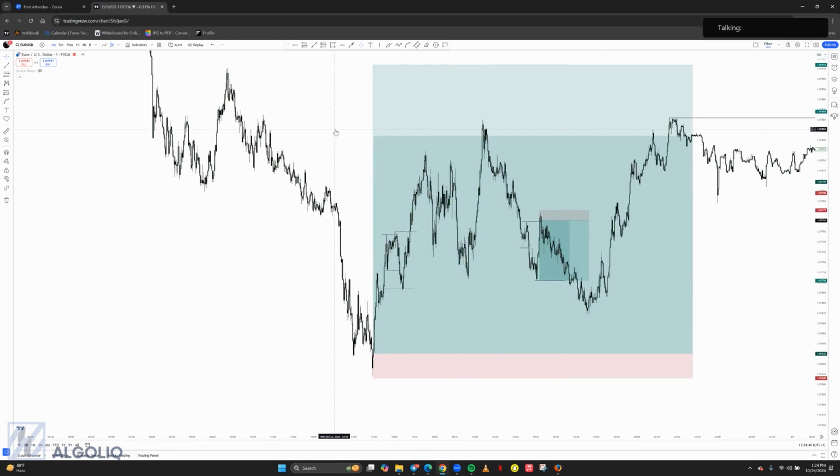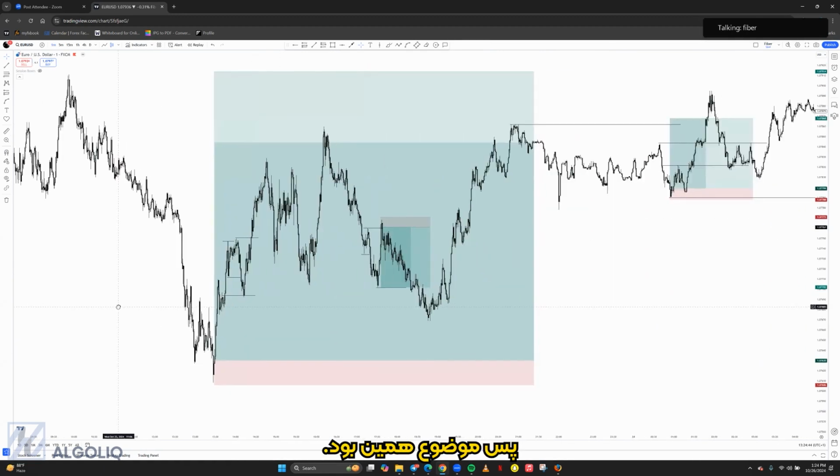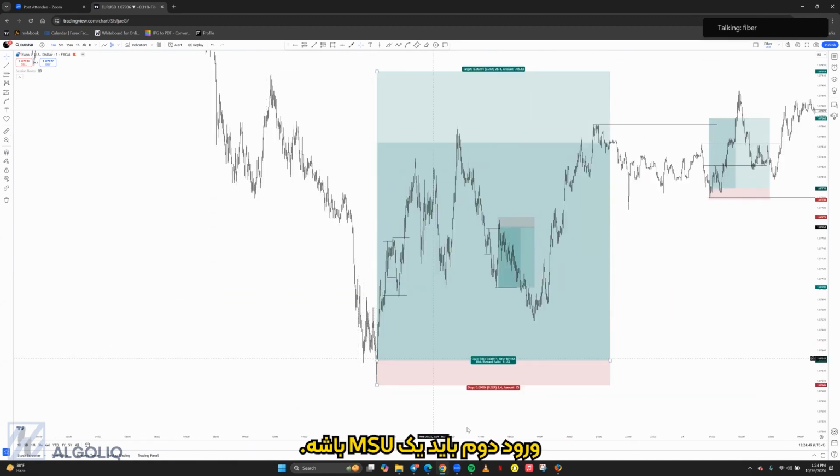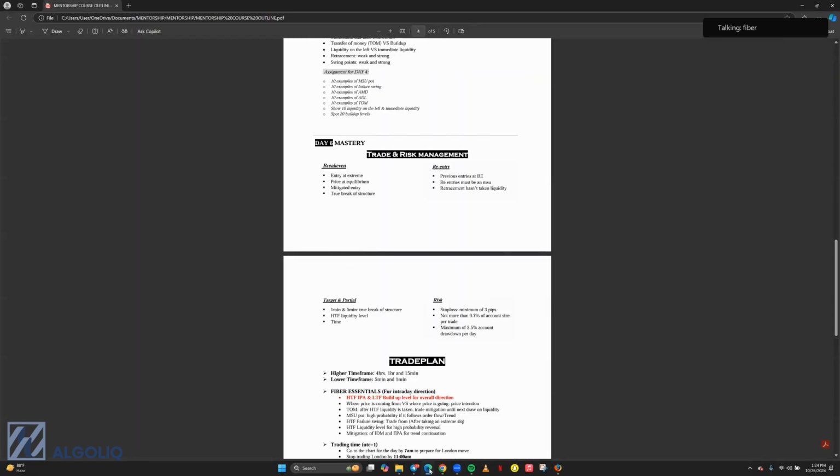So you need to make sure your first entry is at break even, your second entry should be an MSU, and the retracement isn't coming from a liquidity level.